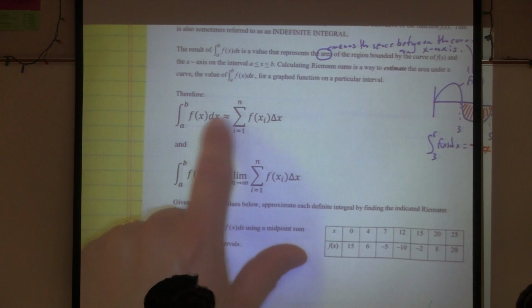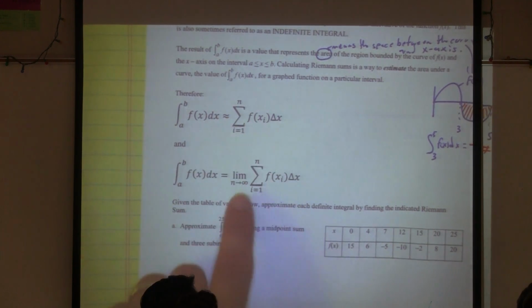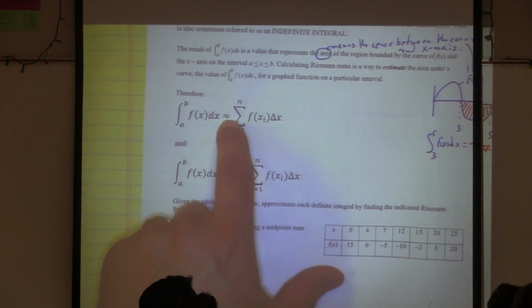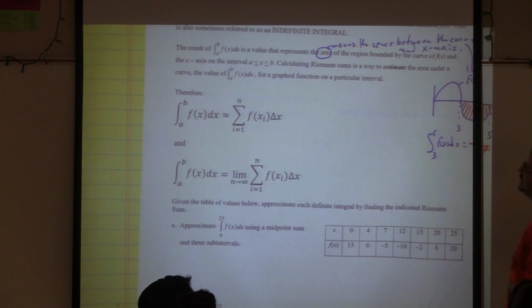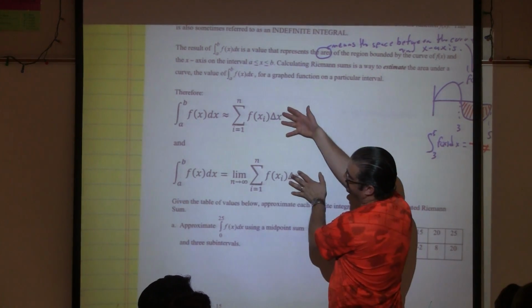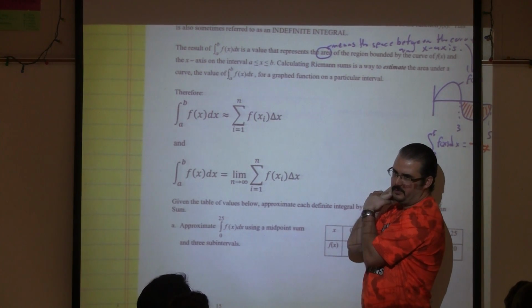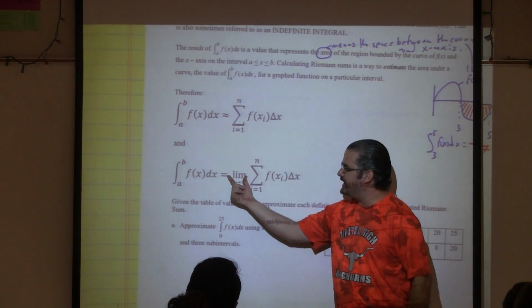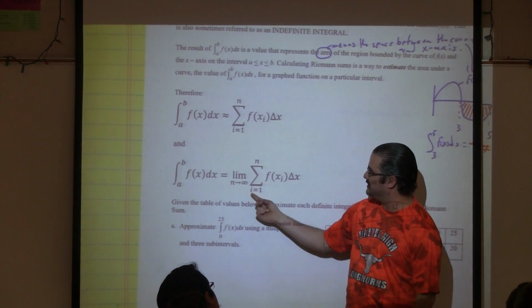Right? Now notice what's the difference between this one and this one down here. So the bottom one says equals and the top one says what? Approximately. Okay, what's the difference on these Riemann sums over here? So this one has a limit. Why are they putting this limit here? What is it representing?